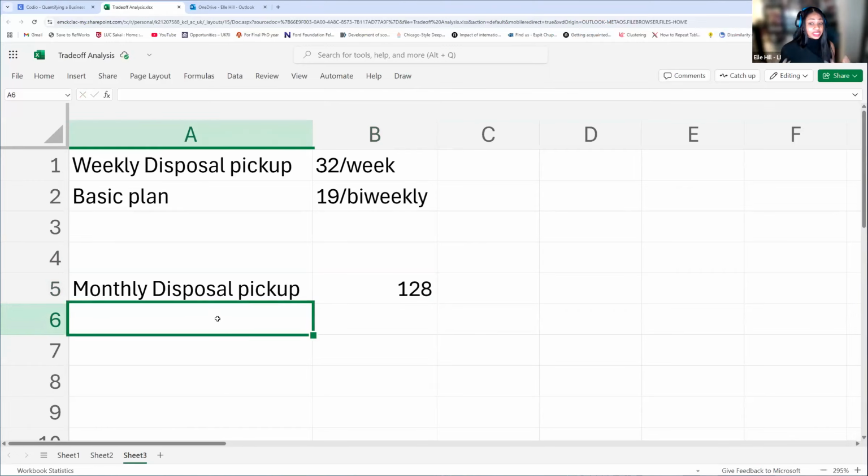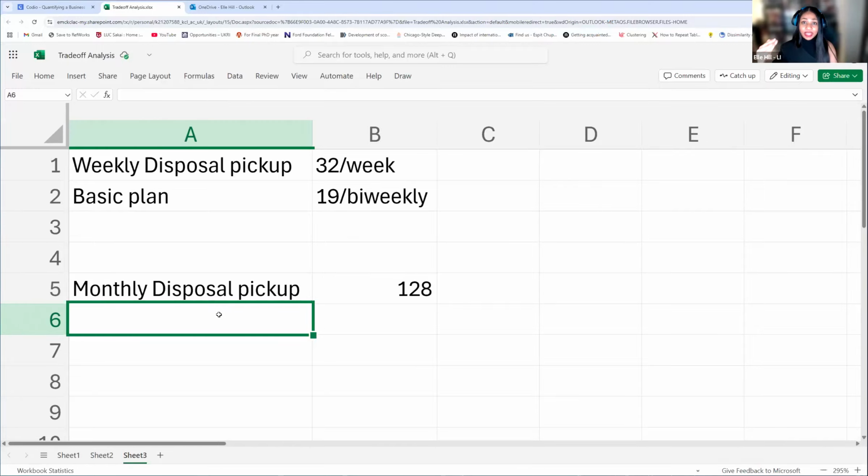I want to do the same with the basic plan. So this time we're paying $19 bi-weekly. First, it's going to be a little bit different since it's every 2 weeks. It's going to be 19 times 2. Exactly. I see a lot of it in live chat.